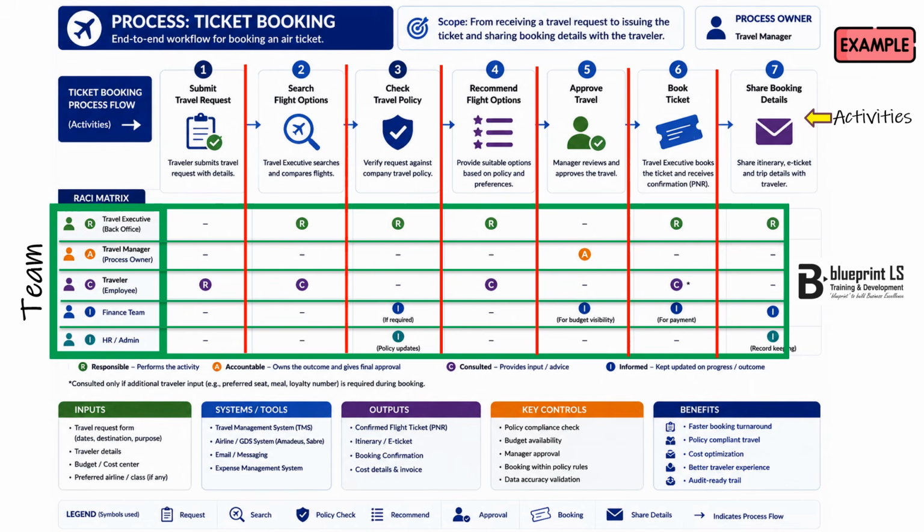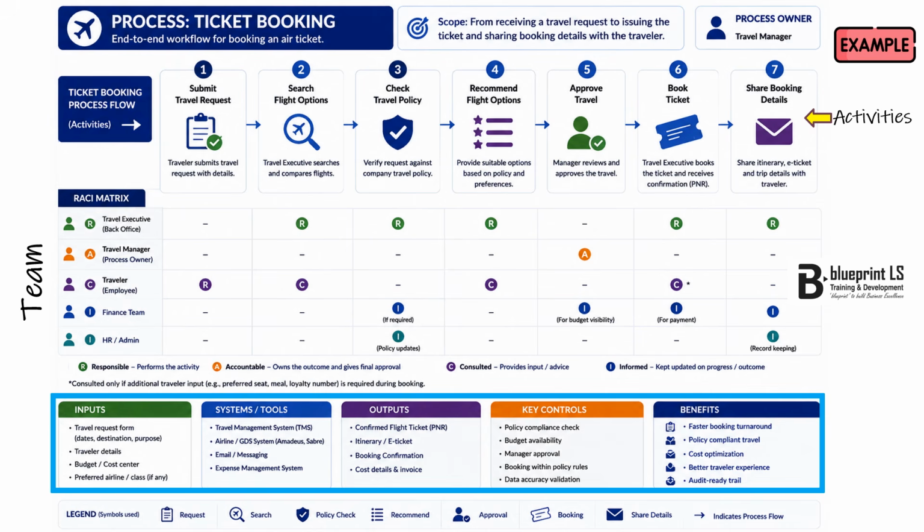The traveler may be consulted whenever additional information or clarification is required, while finance and HR are informed or involved only when their inputs are necessary. This structure ensures that everyone understands their role without creating unnecessary overlap or confusion.